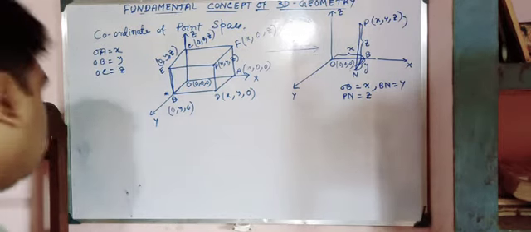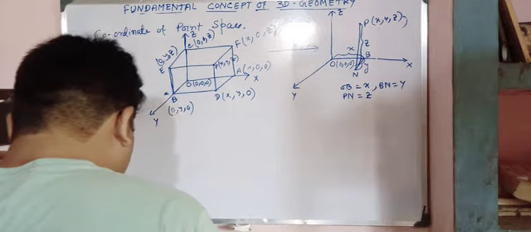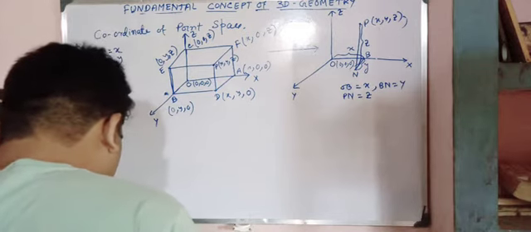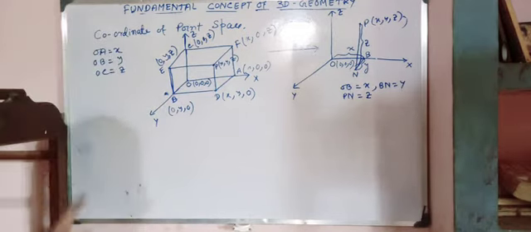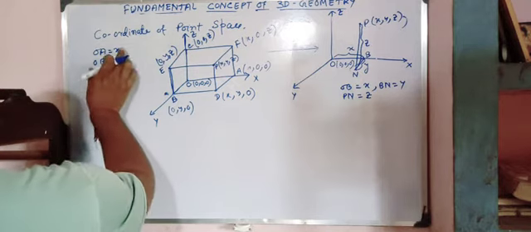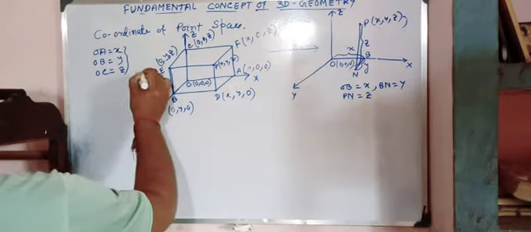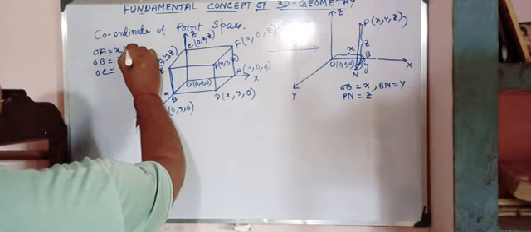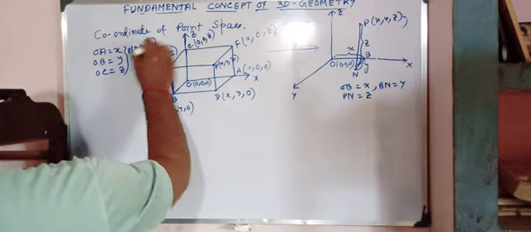Understood that? And for taking this distance, we are reaching the coordinate of P as P(x, y, z).